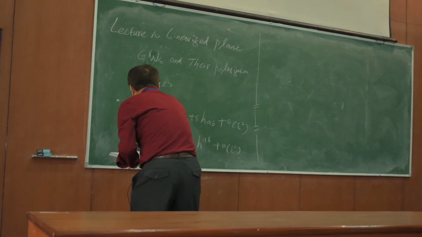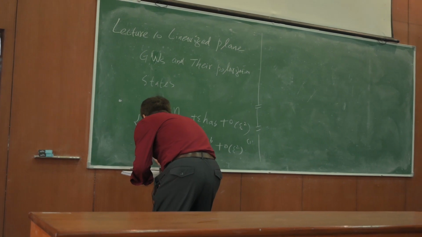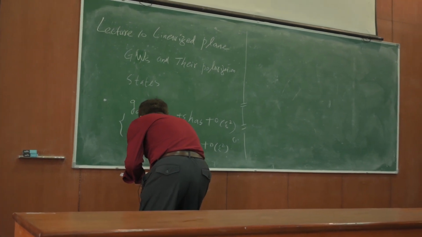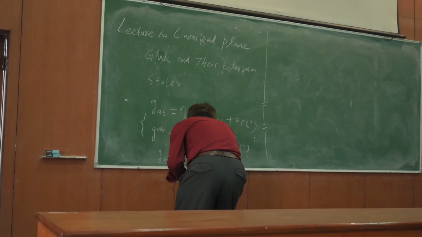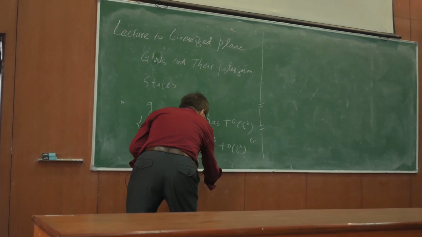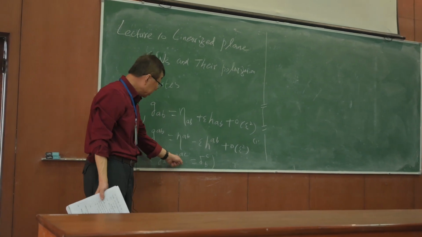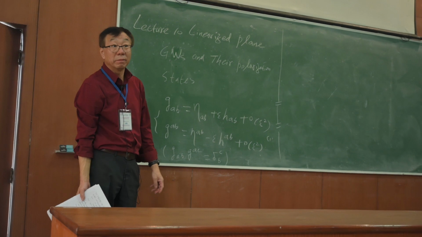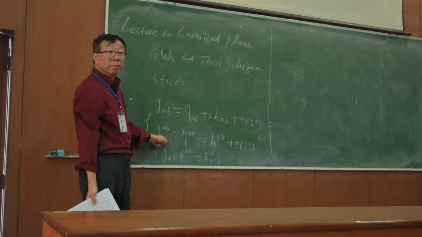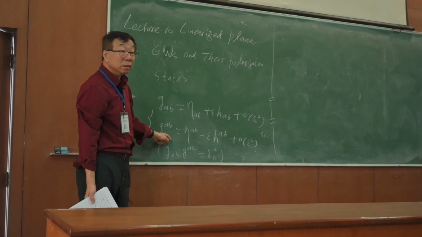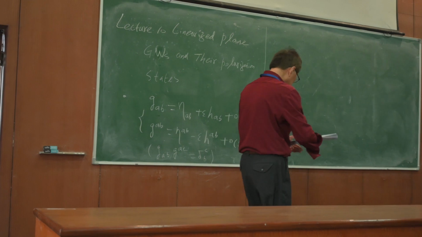So this is our first equation, so they satisfy G AB G BC equals delta. Why do I emphasize this one? This is a definition. Once you give me G AB, I can uniquely determine my inverse, right? So if I know this one, it is not independent. This satisfies this relation. This is a reverse definition.